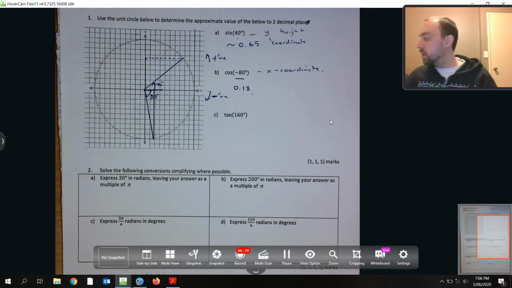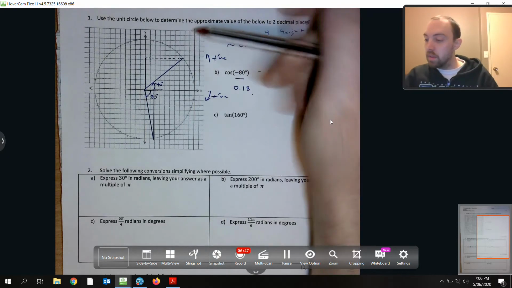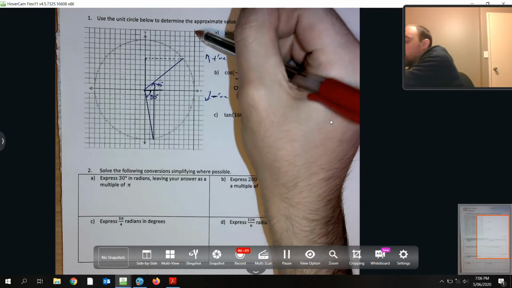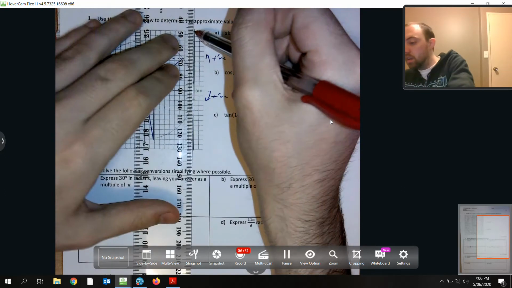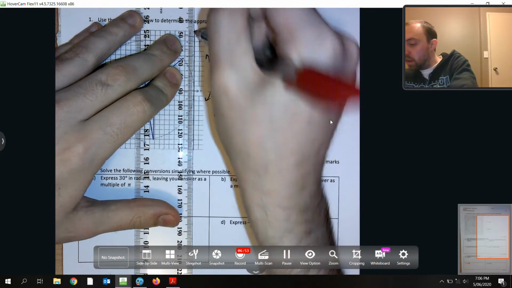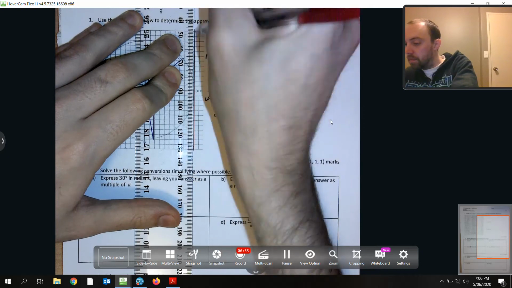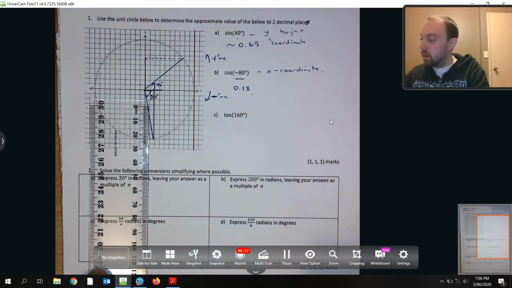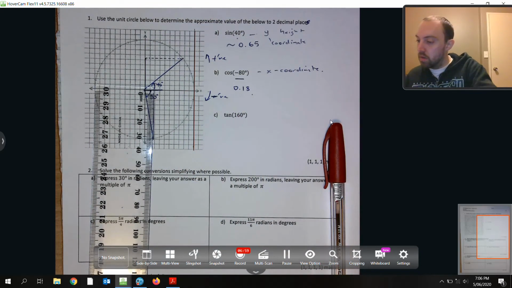Tan is a little bit trickier, and I might even do this in a different color. Okay, it's hard to tell on both the test and in the video, but there is a tangent line going down here. Alright, still hard to see.